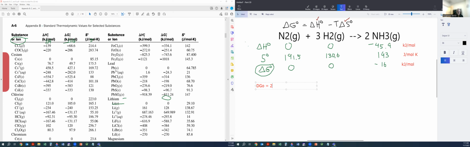So I'm going to have 2 times negative 16 kilojoules per mole, products, minus 1 times 0 plus 3 times 0.